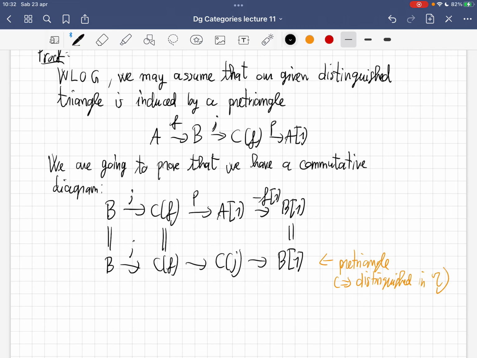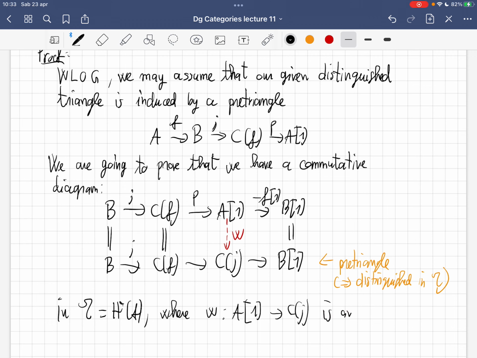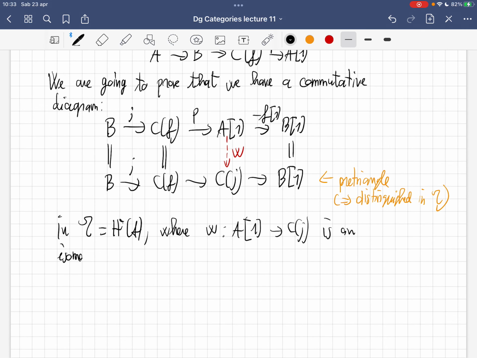In T. And you want to prove that you have some isomorphism. Actually, the commutative diagram will be in T, where W will be some isomorphism in T. Okay, so we want this, and how do you prove this?